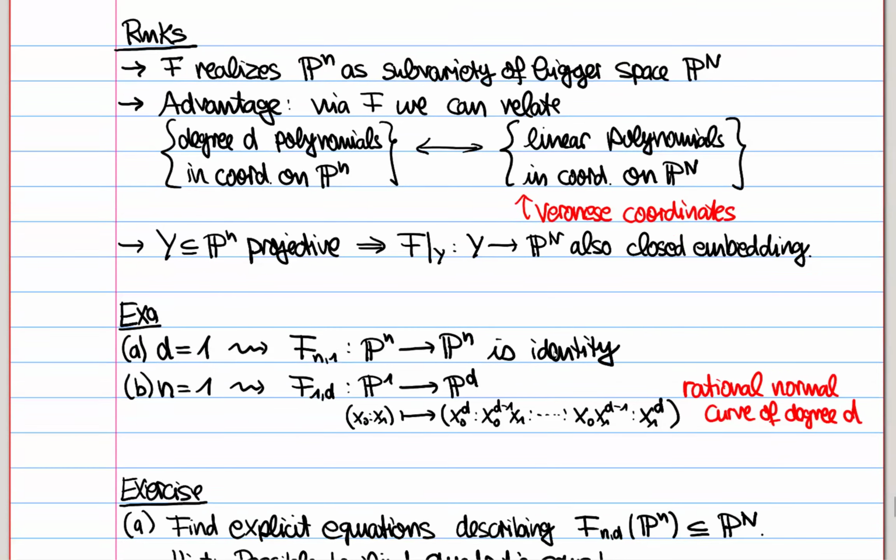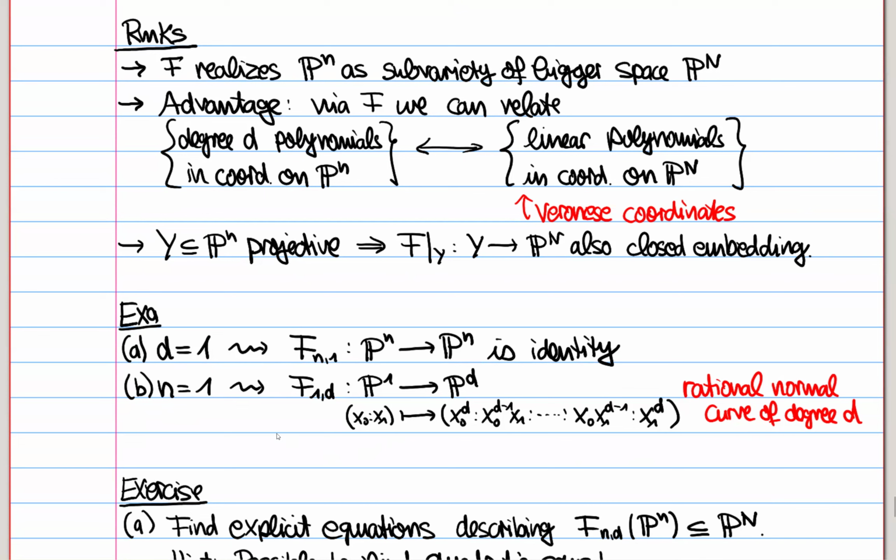Let's see some baby examples here. So the most trivial ones are, first of all, if you set d equals 1, then you just have degree 1 monomials. These are just the coordinates x0 up to xn. And so in fact, this Veronese embedding in this case is just the identity map from Pn to Pn.